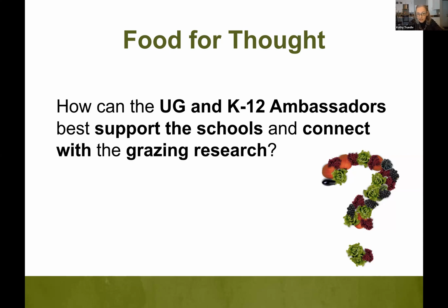So the question I'm posing to you is, how can the undergraduate and K-12 ambassadors best support the schools and connect with the grazing research? And these will all be presented to you again when we're ready to discuss them, but this is what we want you to be thinking about. How can we make those meaningful connections?